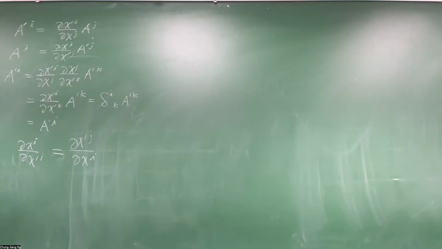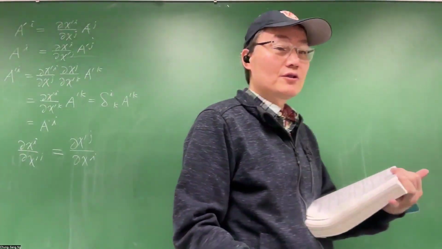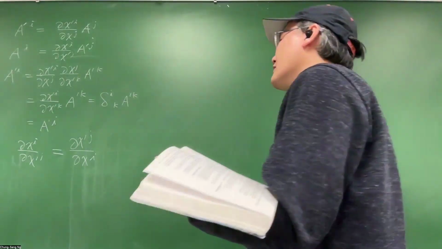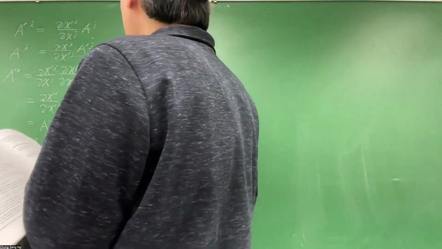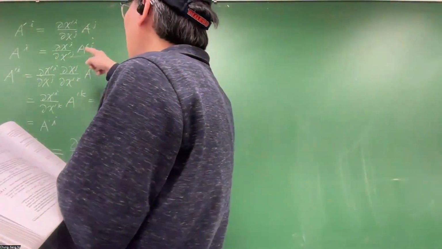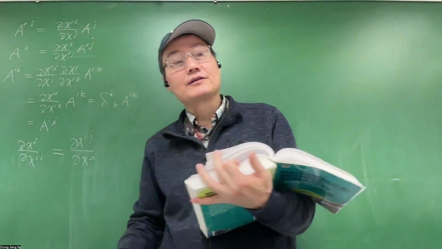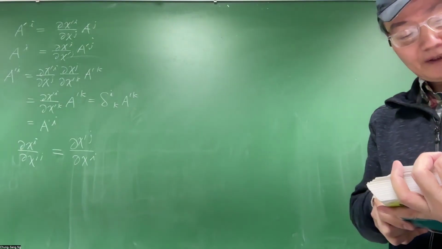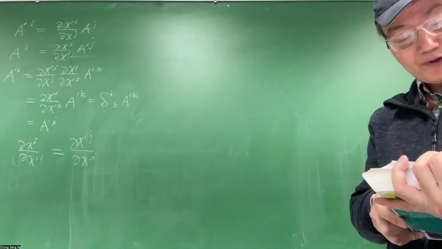But this is just for the Cartesian coordinate, and that is exactly the same relationship that we showed before at the very beginning. We showed that for the Cartesian coordinate, the inverse of the transformation matrix is the same as its transpose. And that is exactly coming from this one.